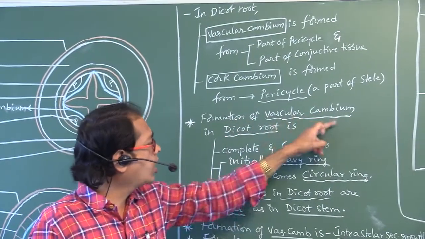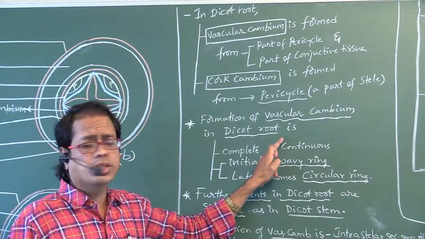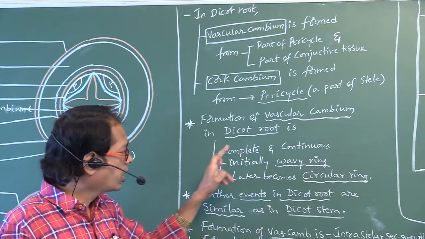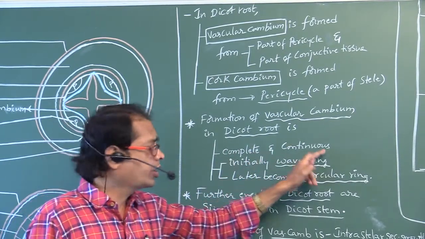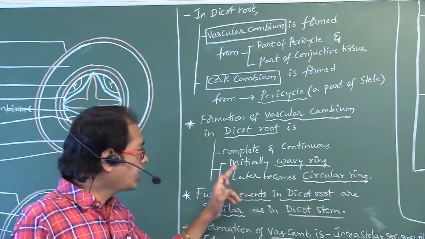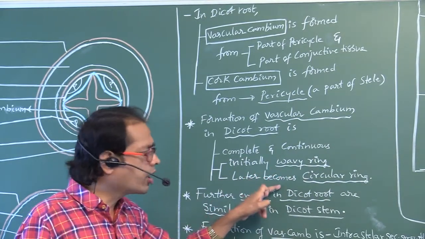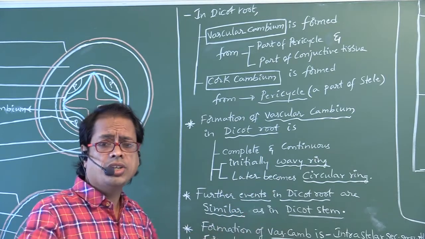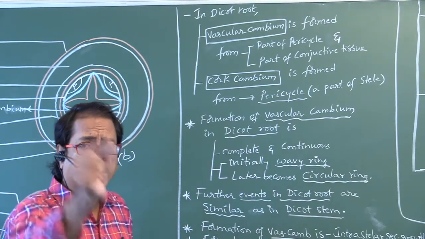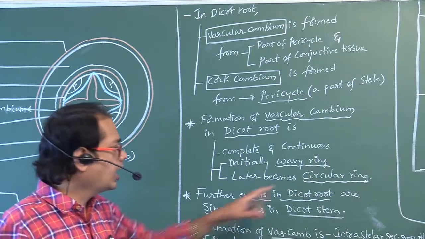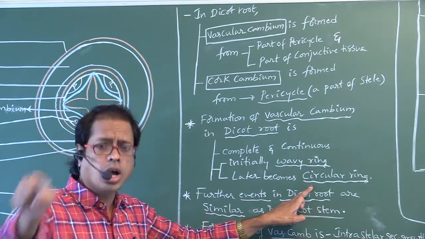Now look here. Formation of vascular cambium in dicot root is complete and continuous. Initially it is a wavy ring. Later it becomes circular.